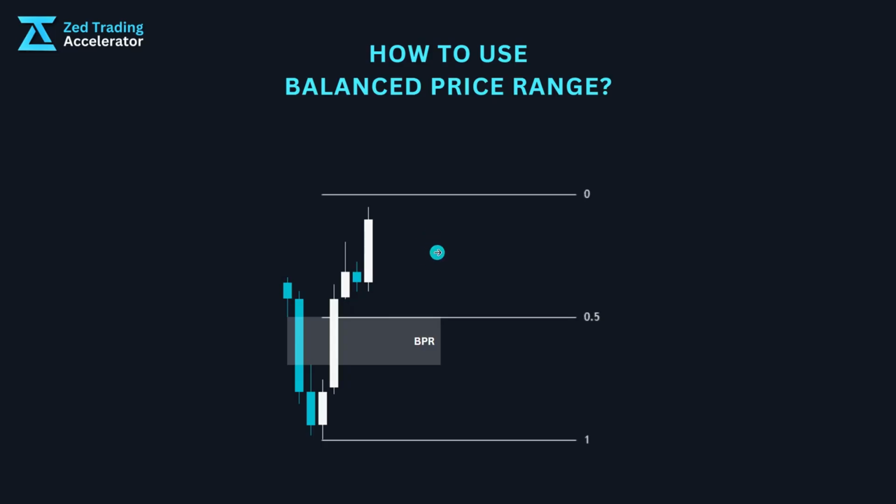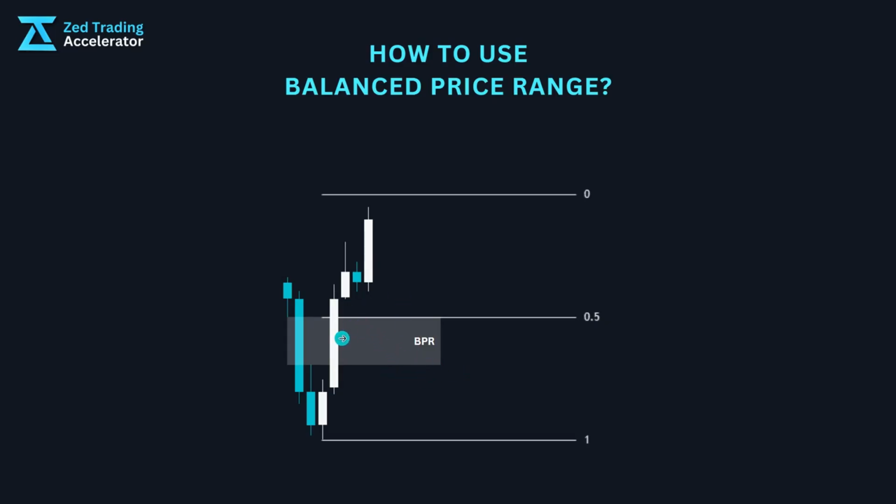For example, if you are buying something, do you want to buy it expensive? Of course not. You want to buy it at a discount, all right? So here, this is the premium zone and this is the discount zone. So don't buy right here. Buy right here in the discount zone, right?